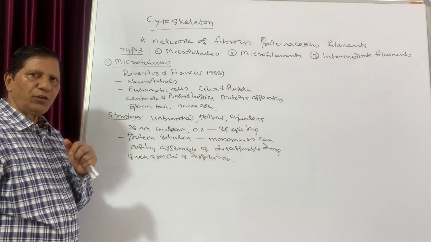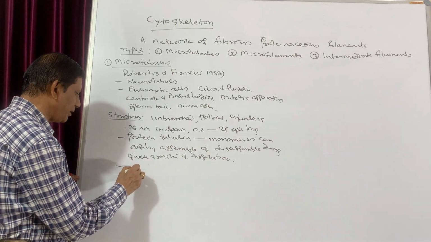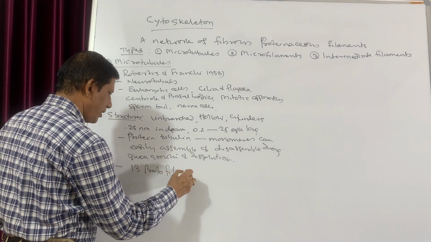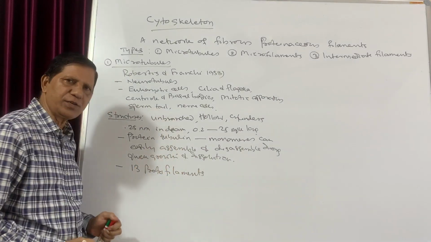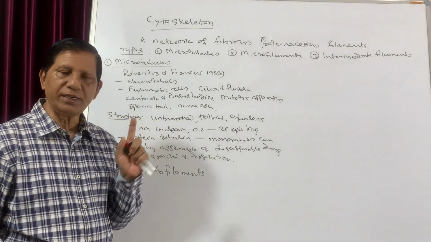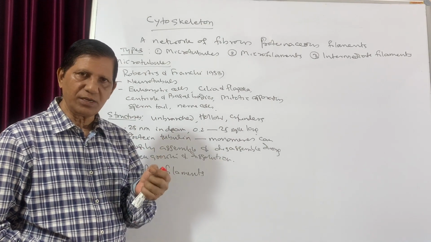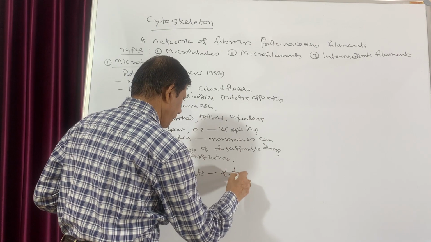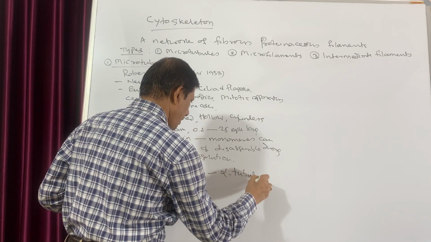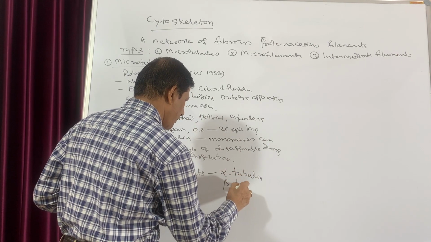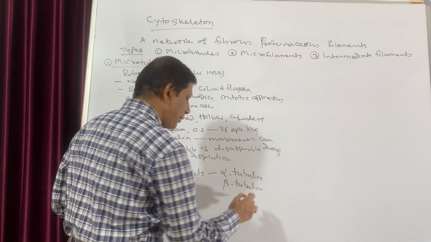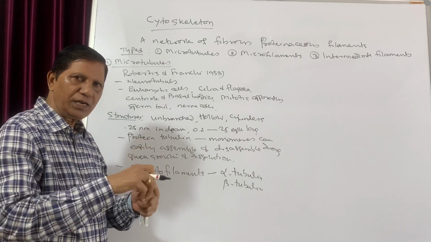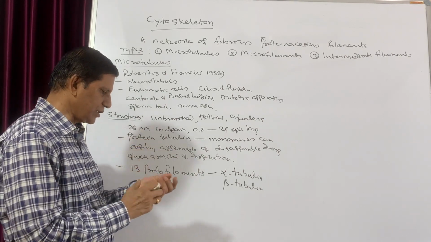Now, each microtubule consists of 13 protofilaments. And in each protofilament, the tubulin protein is of two types, alpha tubulin and beta tubulin, and they are present alternately in a helical manner, just like this.